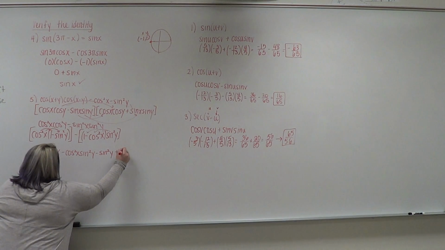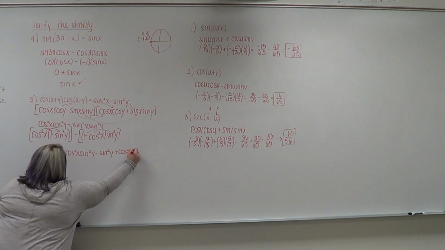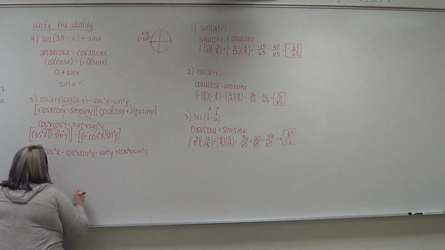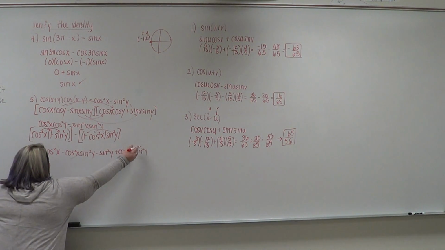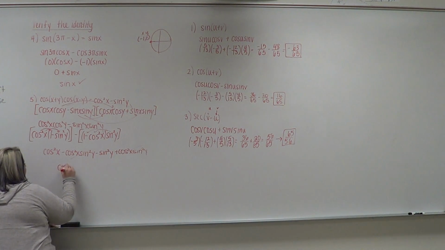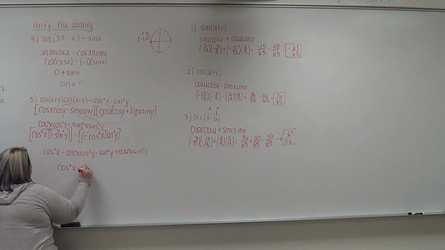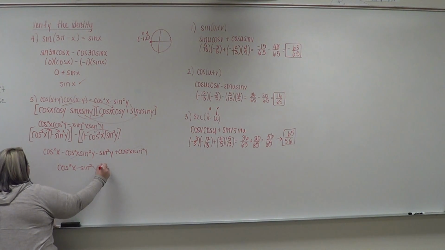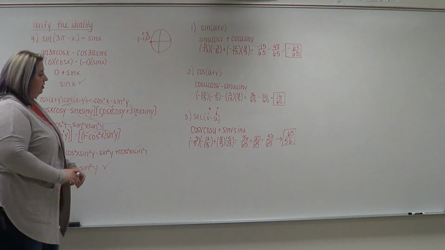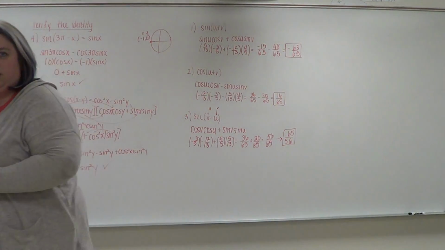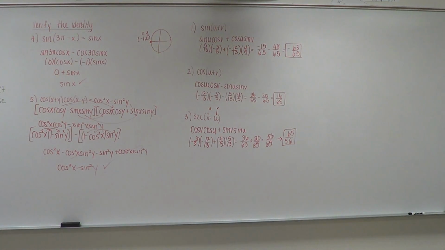They make an addition sign. Why do I care that's an addition sign? Because it canceled. I get cosine squared x minus sine squared y, which is what we wanted. Answer. Yay. Good job.